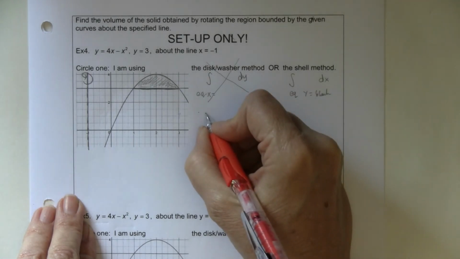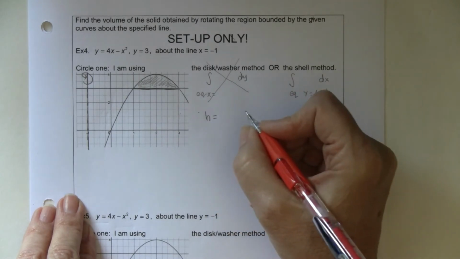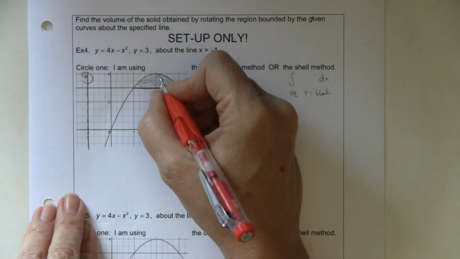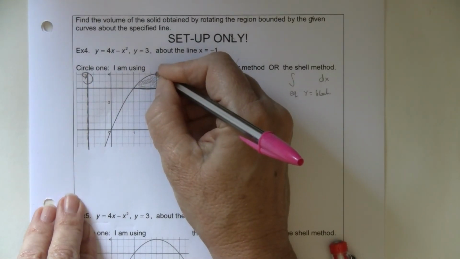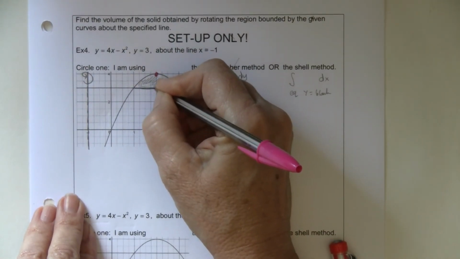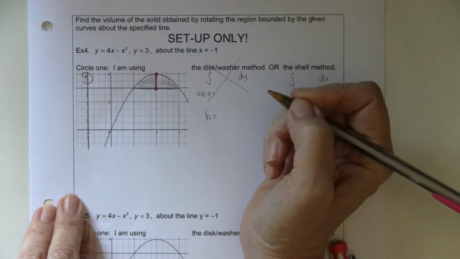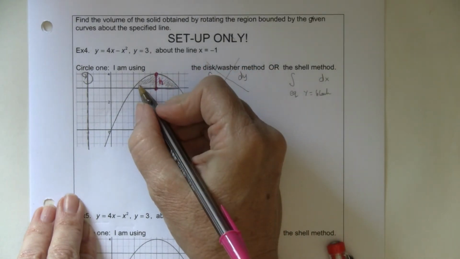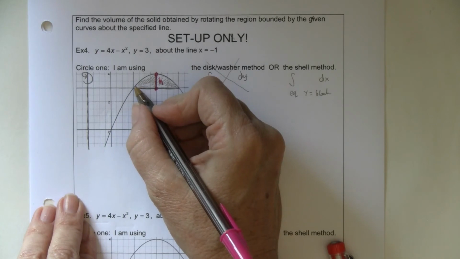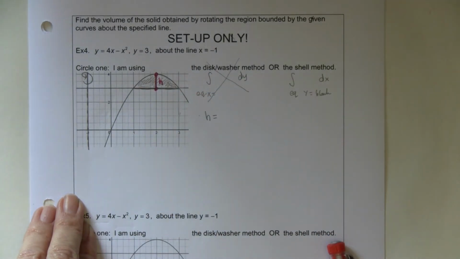So I have to identify the h, and h is parallel to the axis of rotation. I like to draw that in here, going through your solid. So h goes from here to here. That's a typical h. There's multiple h's. Here's another one over here. It's not as big. And here's one that's nearly 0, and over here there's one that's nearly 0 as well.